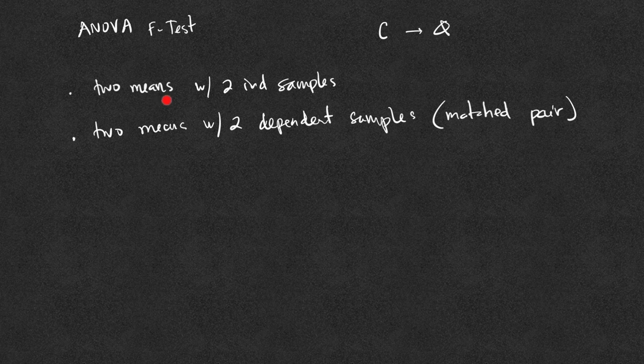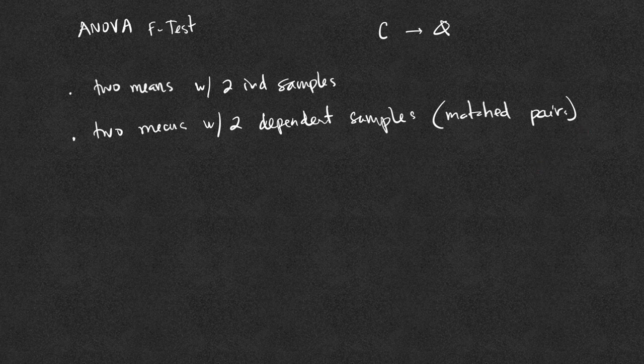Recall that when we compared the two means with two independent samples, we used the two-sample t-test, assuming that sigma is unknown. And when we compare the two means with two dependent samples in matched pairs, we reduce the two samples to one sample, where that one sample consists of the differences. As when we obtained one sample, we conduct the one-sample t-test.